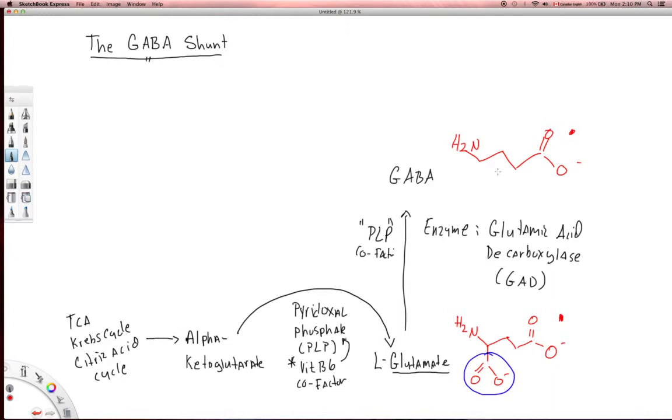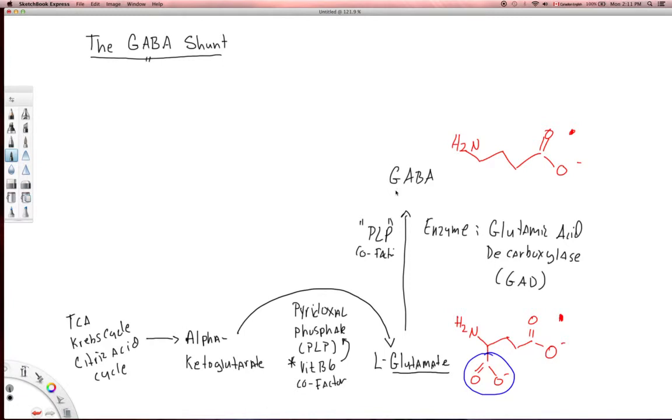Just the difference of that carboxyl group has turned the most common excitatory neurotransmitter in the brain into the most common inhibitory neurotransmitter in the brain. It's amazing what the replacement, addition or removal of a functional group can do to the properties of a molecule. That's why learning functional groups is so important later on in biochemistry.